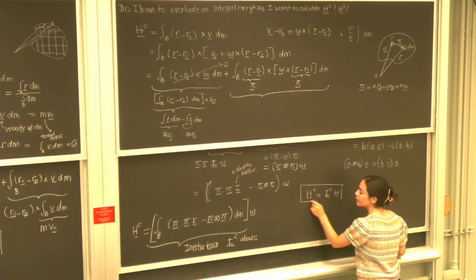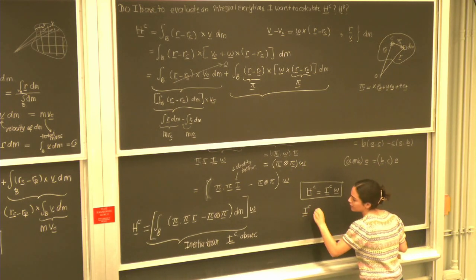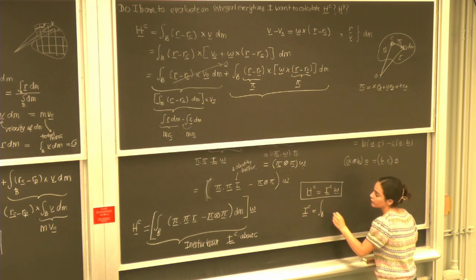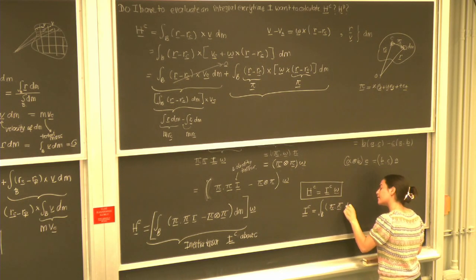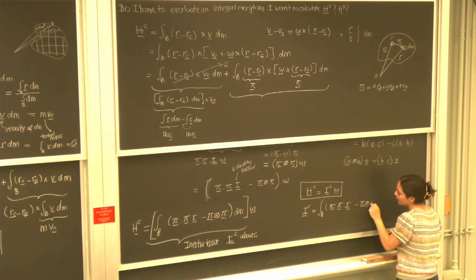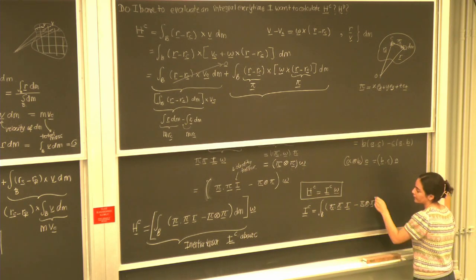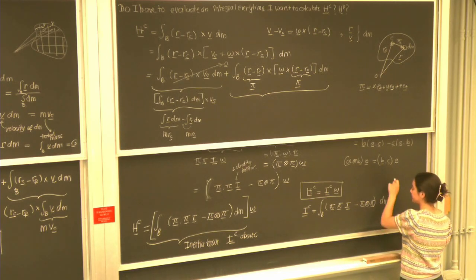This is a very cool equation where IC is the integral over the body of pi dot pi I minus pi tensor pi dm. Okay, that's great.